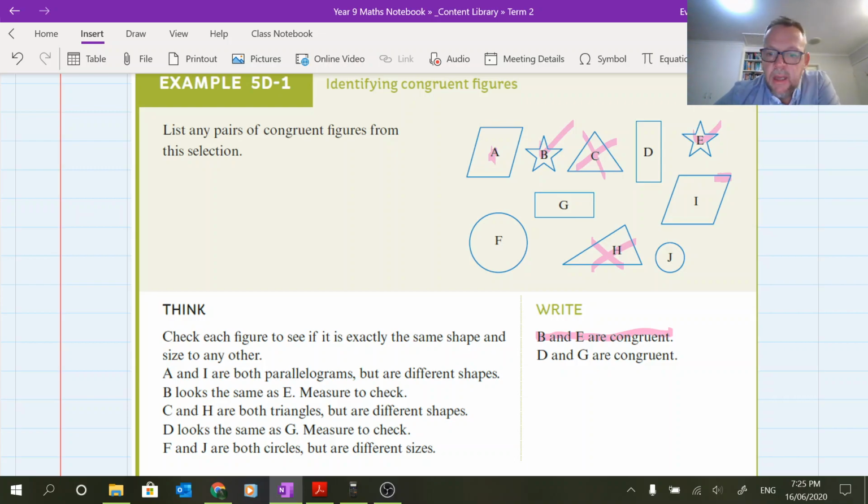We're up to D. Now D looks like a rectangle, and so does G. It just looks like it's been rotated, doesn't it? So we would have to measure them to be sure, but we can see that all of the angles are right angles. So I would expect D and G also to be congruent with each other. And then let's have a look at F and J. Now they're both circles, but they are different sizes. So no, they are not congruent.